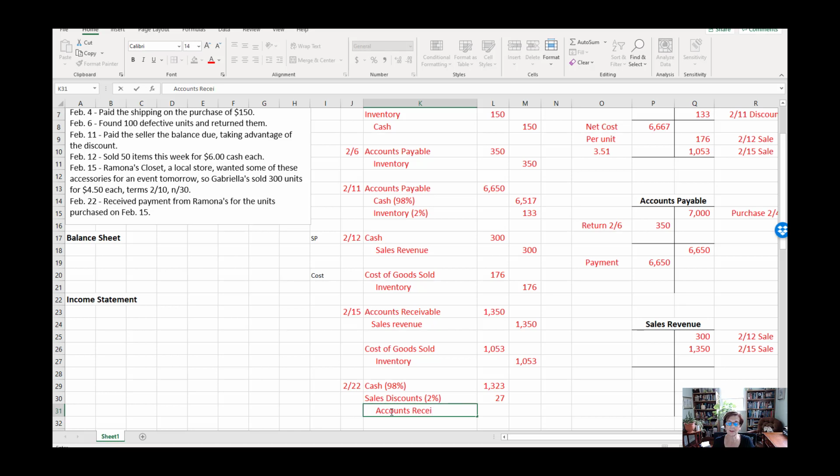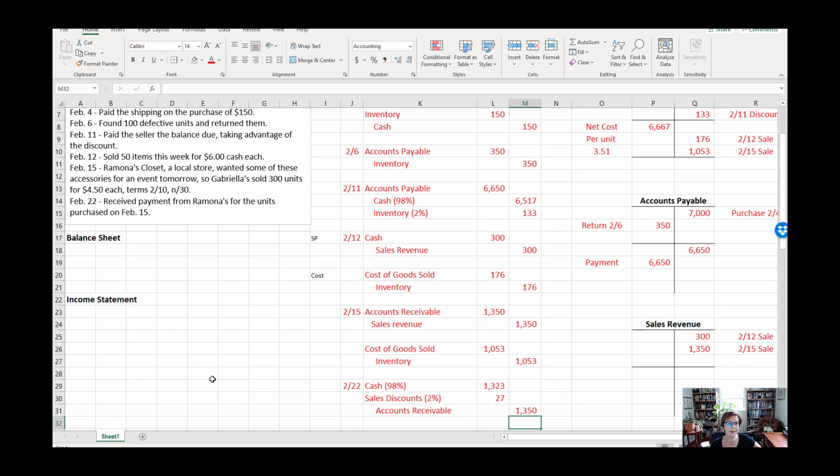This is the thing that gives students trouble sometimes. Remember that the credit to accounts receivable is 100% of the accounts receivable. So even though the customer is only paying us $13.23, they paid off this whole balance that they owed us, right? So we have to credit accounts receivable.